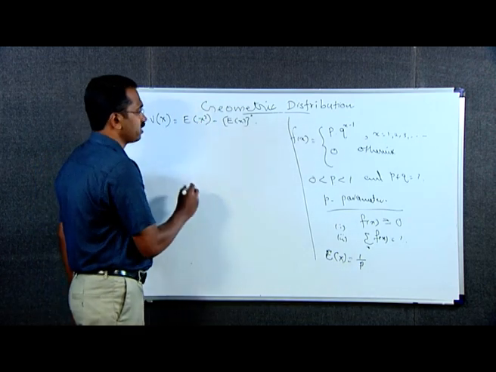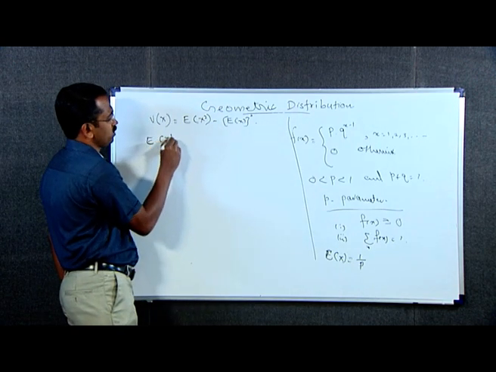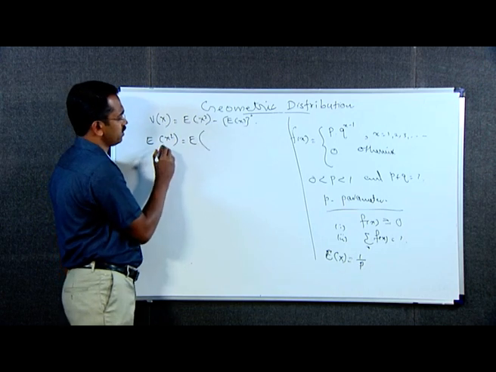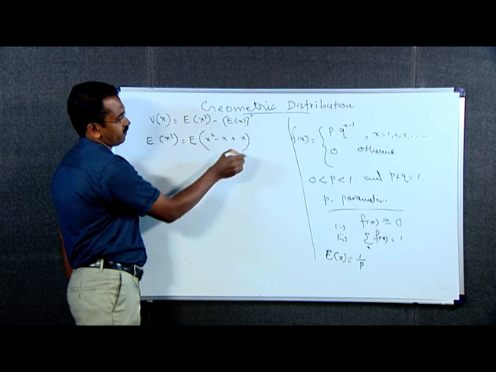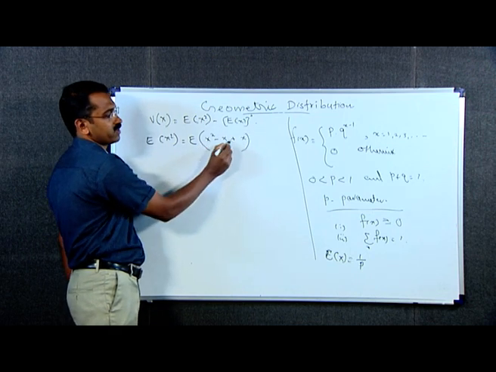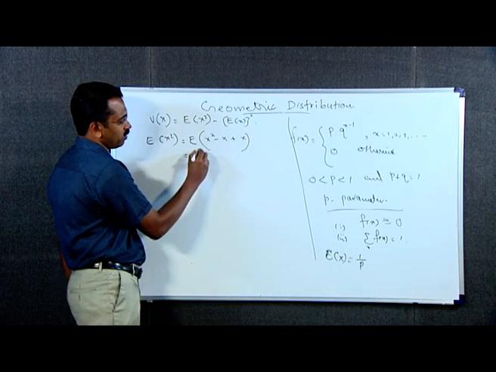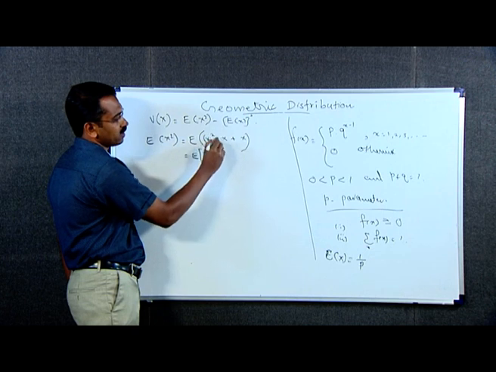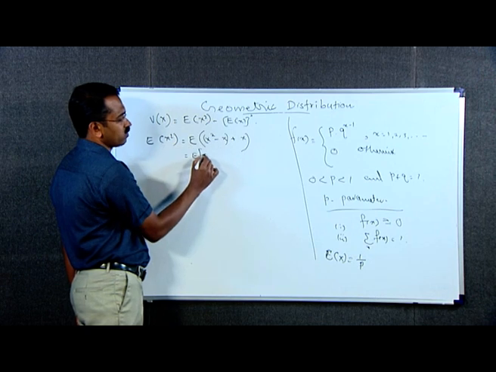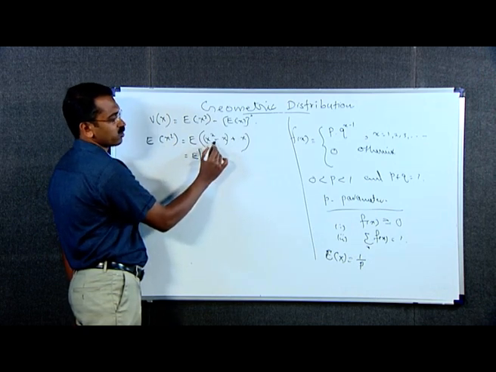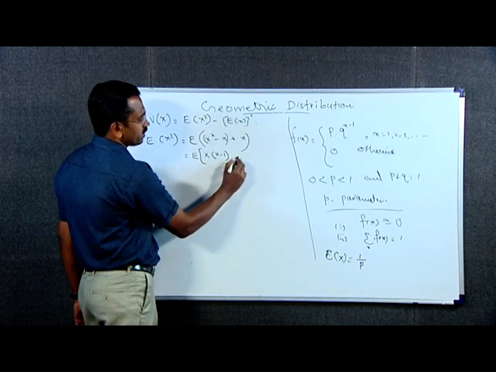Now, we can write x square like this. We want to find E of x square. Therefore, we write x square as x square minus x plus x. We just add x and subtract the same. Here we can consider x square minus x together, and we can take an x outside. Therefore, x square minus x is equal to x into x minus 1, plus x.